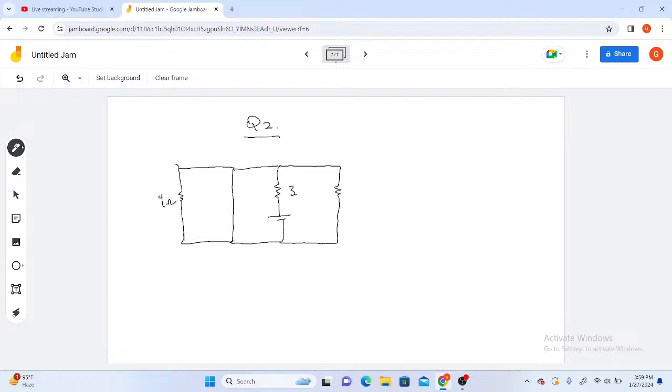So there's 4 ohm, 3 ohm, 7 volts, 2 ohm. So the question is, determine the total resistance of the circuit below.